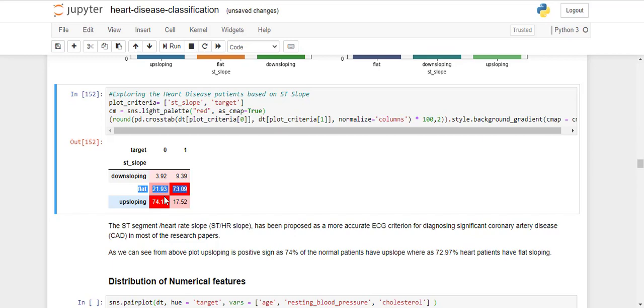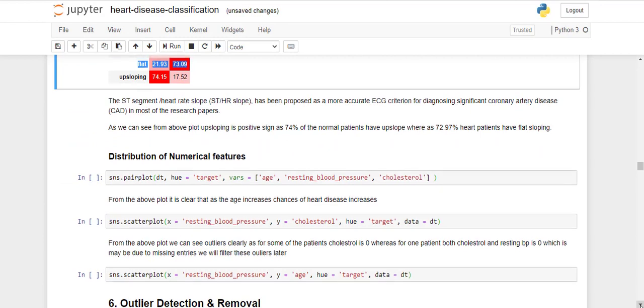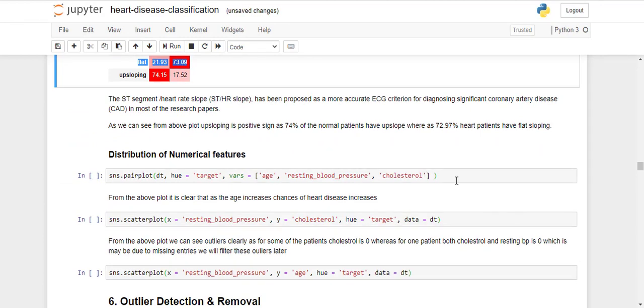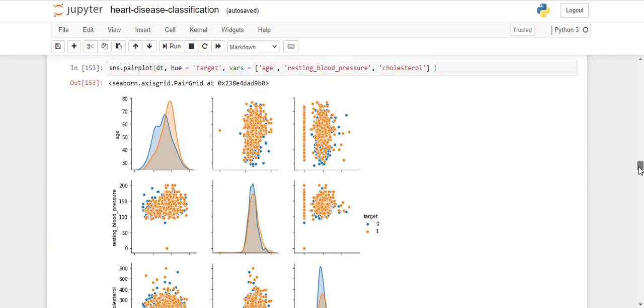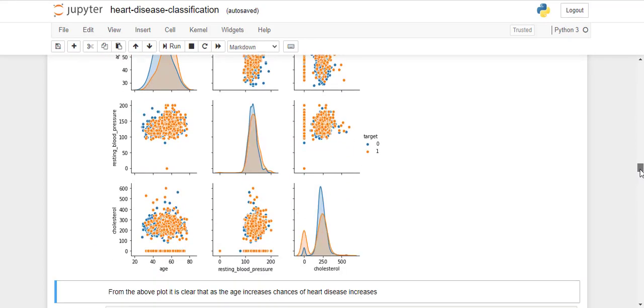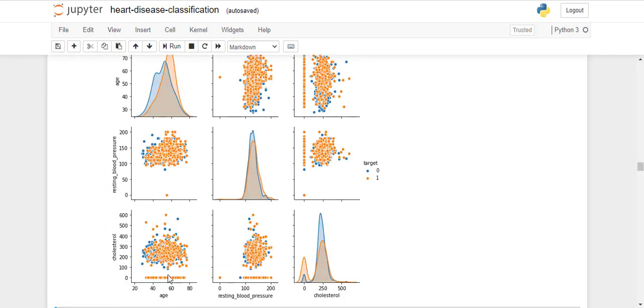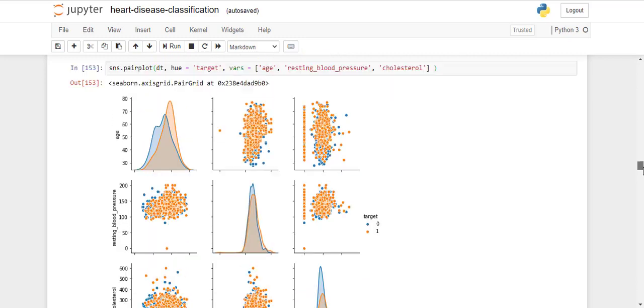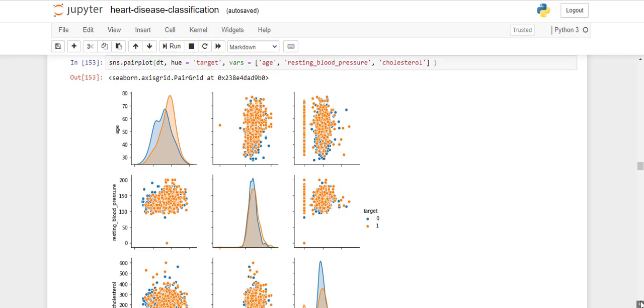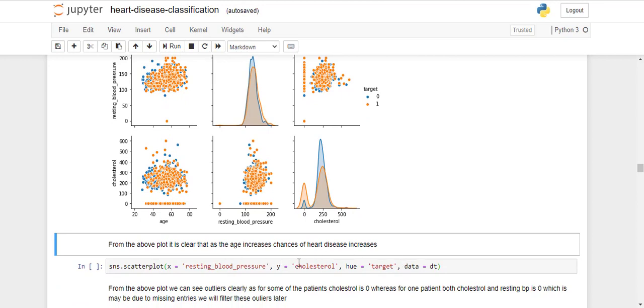Okay, so next we'll be seeing the distribution of all our numerical features in terms of a pair plot. So as we can see, this is the pair plot in which we plot based on different pairs. For example, cholesterol and age, this is the scatter plot, resting blood pressure and age, like that. And what we have observed is that as the age increases, your chances of heart risk increase as per this data set.